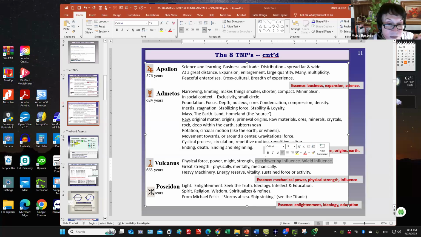I'll show you in a few minutes a chart with Poseidon. So Poseidon is light, enlightenment, seek the truth, ideology, intellect, and education. So it has to do with the mind in many ways, but not the mind by way of learning mathematics or anything.